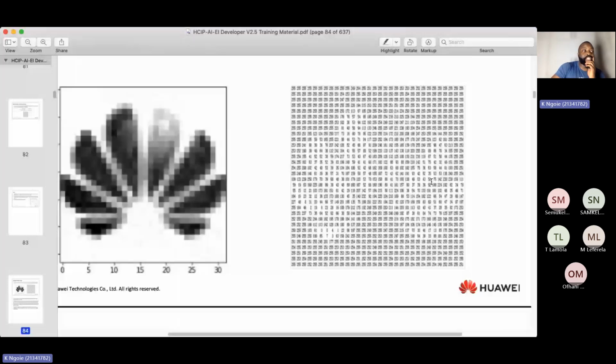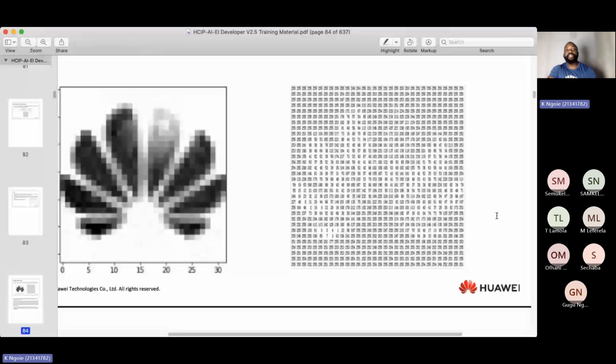Now, if this picture was in color, we wouldn't represent it like this, with 255. Here we only have black and white, so we go from 255 to 0 based on the brightness. But if we have many colors, we use the RGB model, which stands for red, green, and blue.